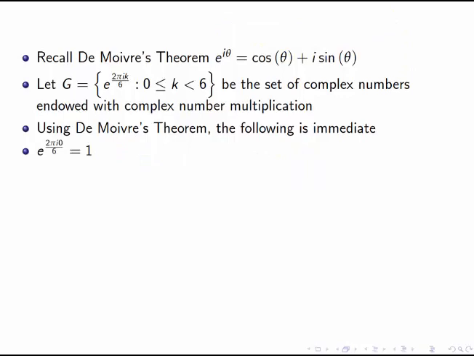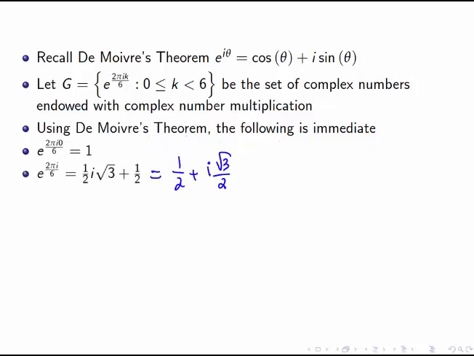Now, using De Moivre's theorem, you can check here that e^(2 pi i over 6 times 0) is going to be e^(i 0), right? But what is e^(i 0)? That's cosine of 0 plus i sine of 0. This will be 0, so we get cosine of 0, which is 1.